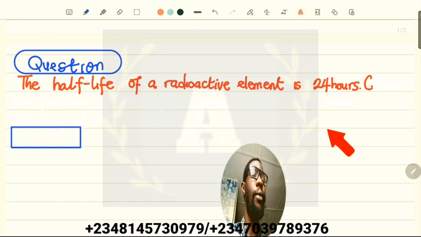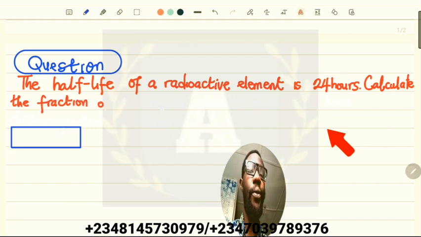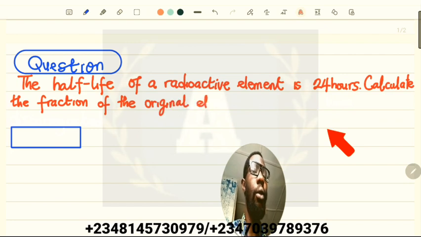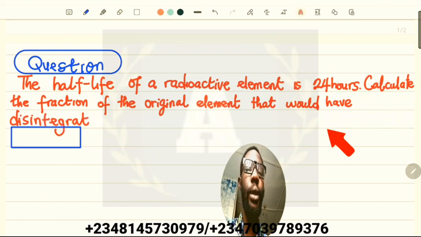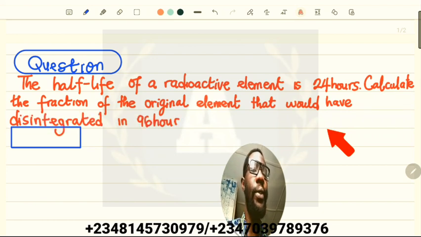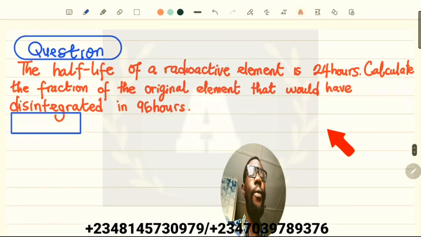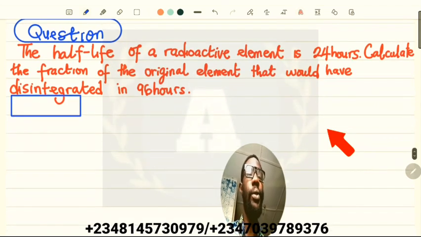We are asked to calculate the fraction of the original element that would have disintegrated in 96 hours.